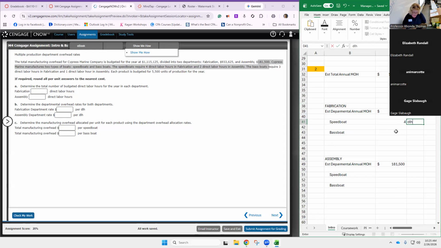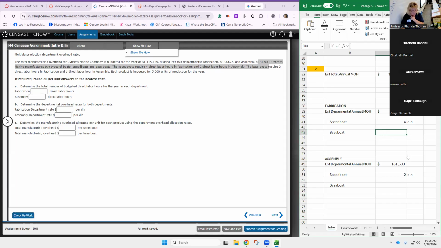I'm going to use their abbreviation so that when you see that, you'll understand. Now speedboat for assembly is 2 direct labor hours. So DLH.